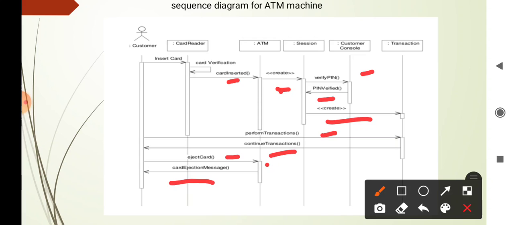In the sequence diagram you can see the flow of the system, right? Here this is the sequence diagram. Actually this is a dotted line and it represents a cross line.